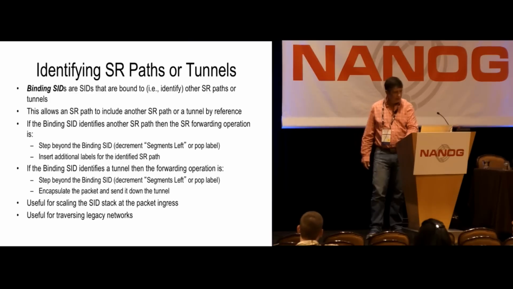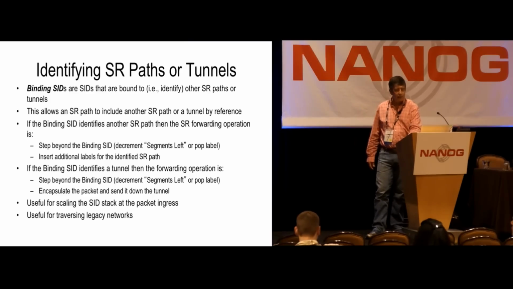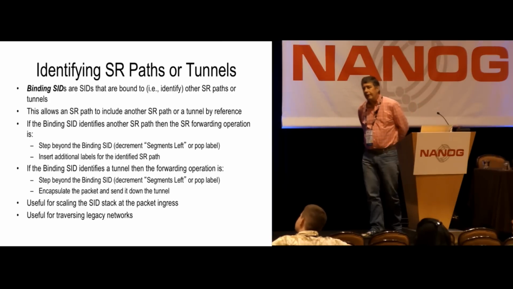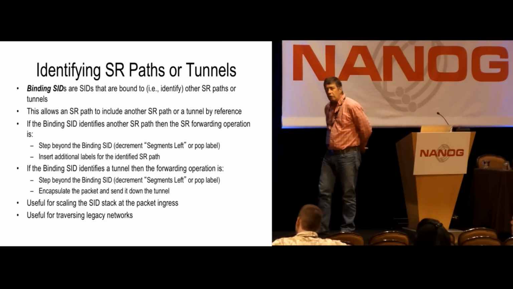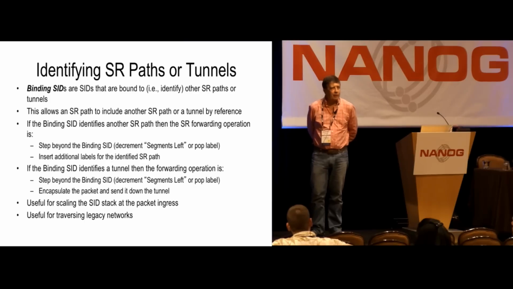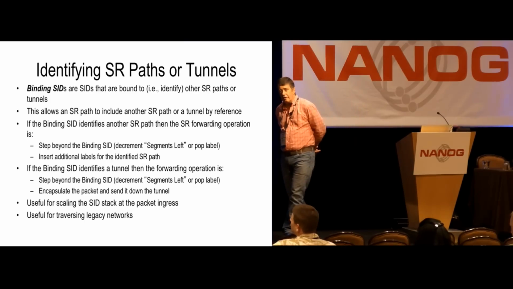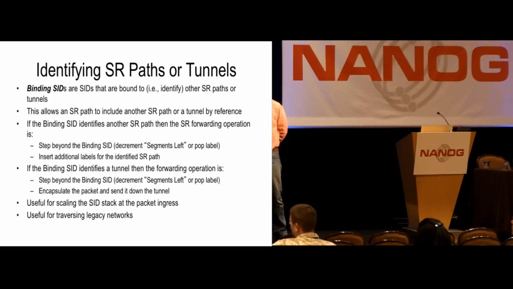Okay. So let's talk a little bit about binding SIDs. Let's talk about an adjacency SID and talk about a binding SID as being a special case of that. In an adjacency SID, it's advertised by the head end, and it's telling you, if you want to use this interface, come to me with this label.